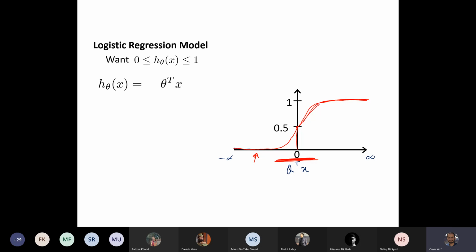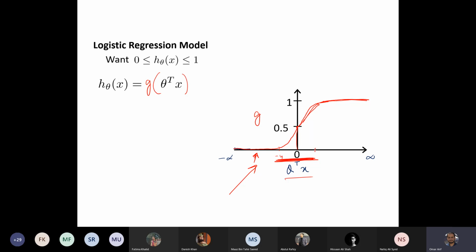If I have this function, let me call it g, then no matter what theta transpose x is, the output will always be between 0 and 1. I will pass this output to a function g of a shape like this: if the value is less than -4, you get approximately 0.